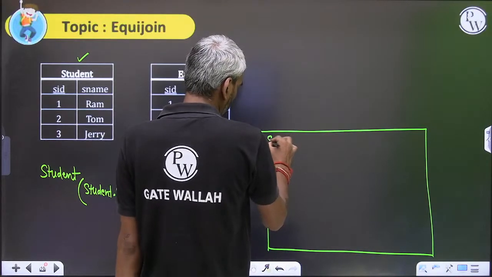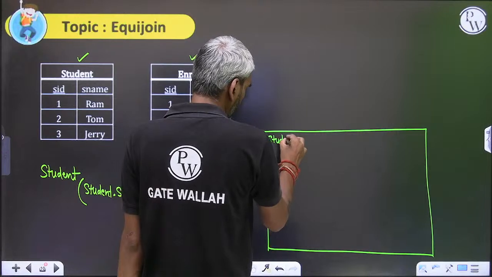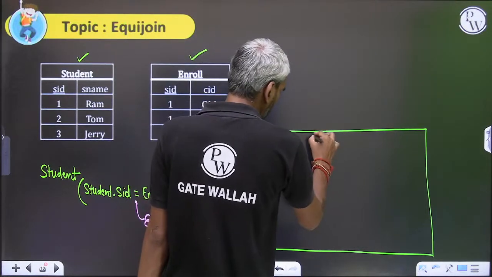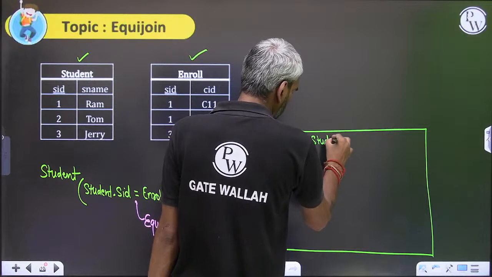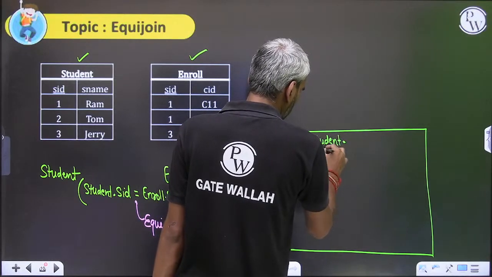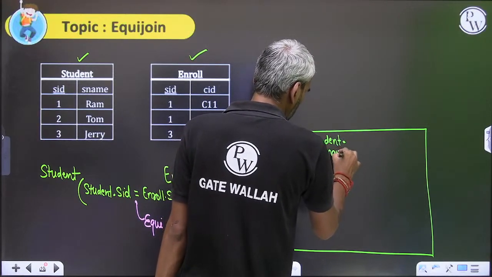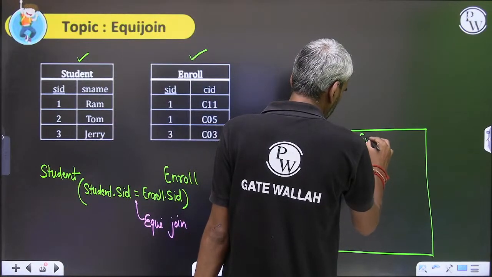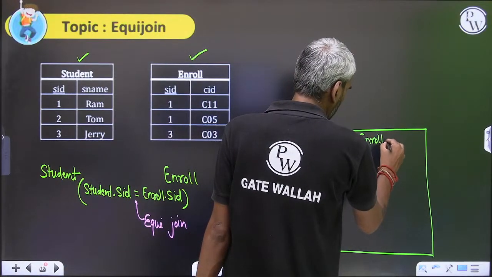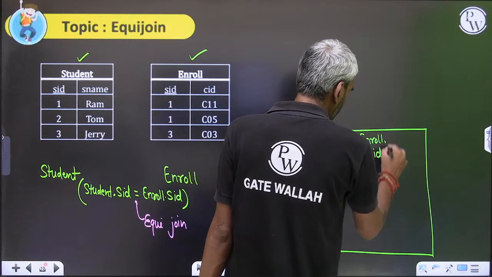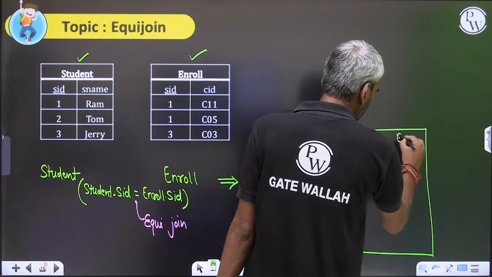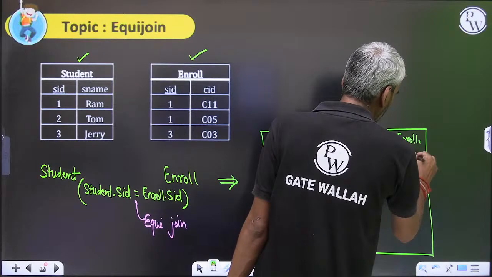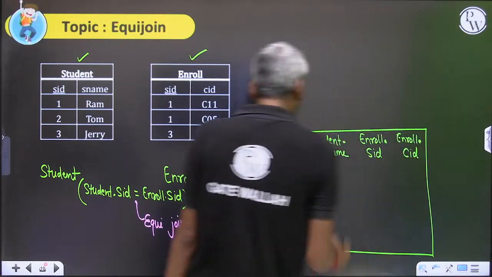So this is student.sid, student.sname, enroll.sid, and enroll.cid, that is the course for which the student has enrolled.